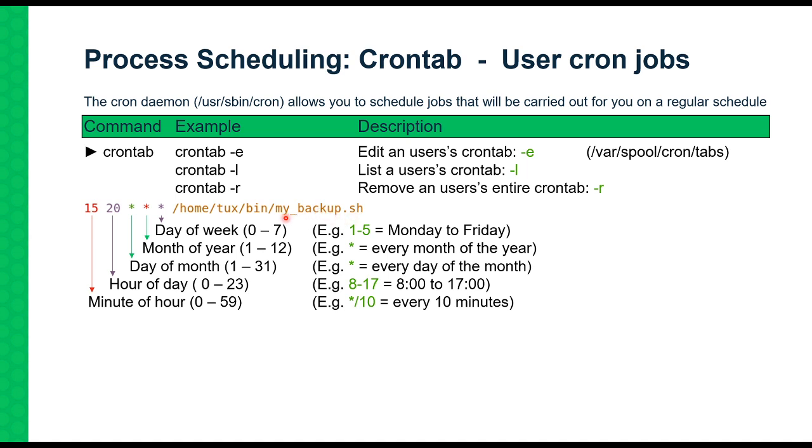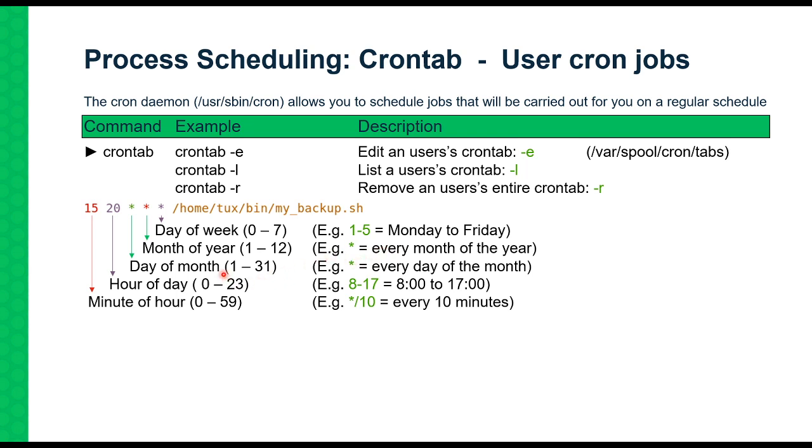Other examples: if you want to run it only on certain days of the week, you can use 1-5, and that will run it Mondays to Fridays. Again, the star in the fourth position means every month of the year. You can also change this to run only, let's say, 3-4, and it will only run in the third and fourth months of the year.